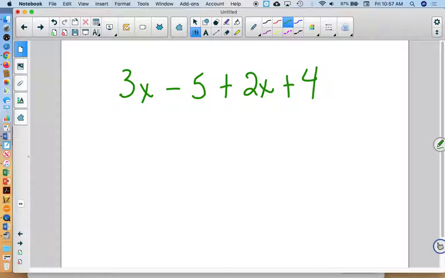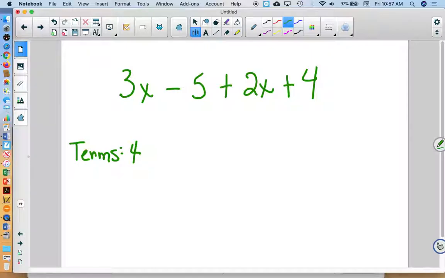I'll just give you an expression. How many terms are in this expression? 4. Okay, I agree. There are 4 terms in that expression. Now, we've got to be able to identify what the terms are. And there's 2 ways of looking at it.